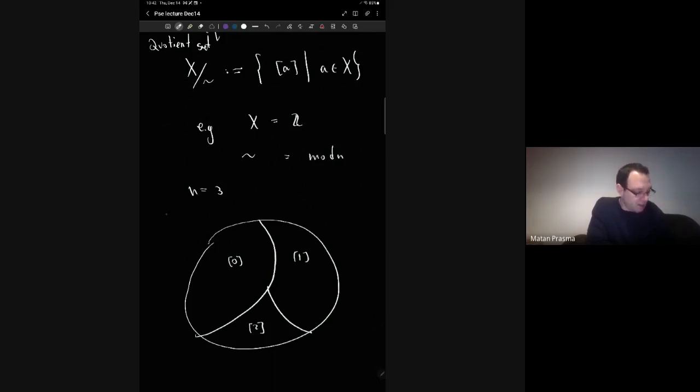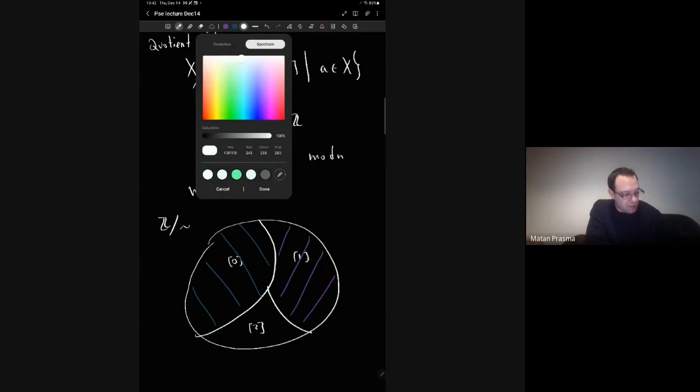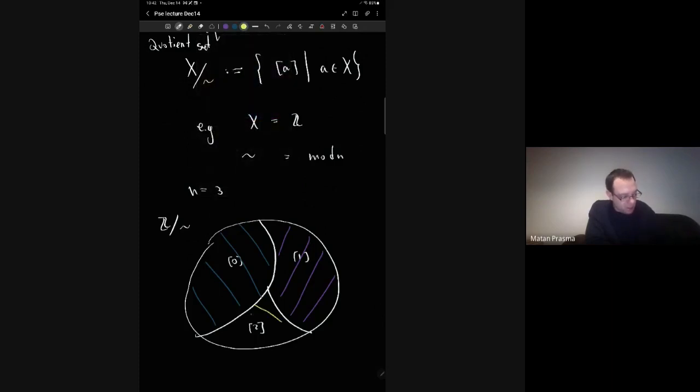And Z modulo this equivalence relation is simply a set with 3 elements: the blue one, the purple one, and the yellow one.